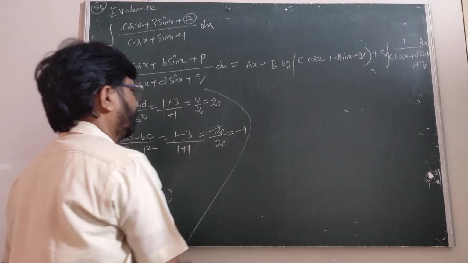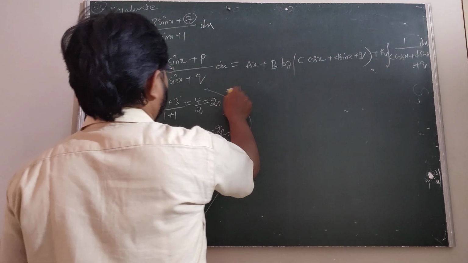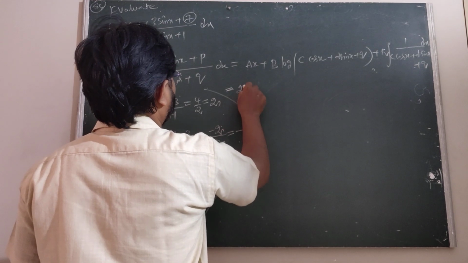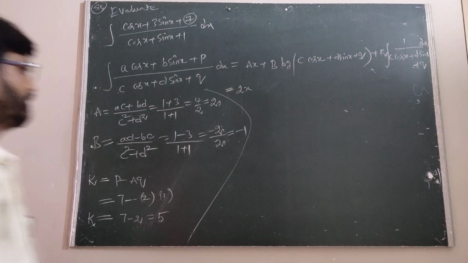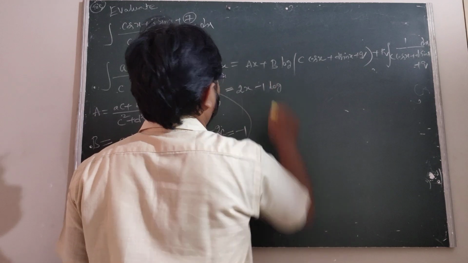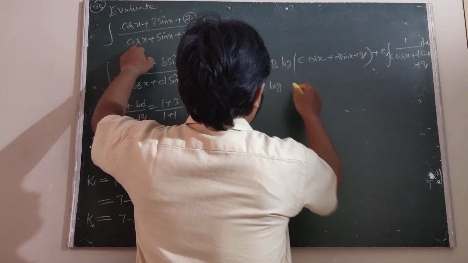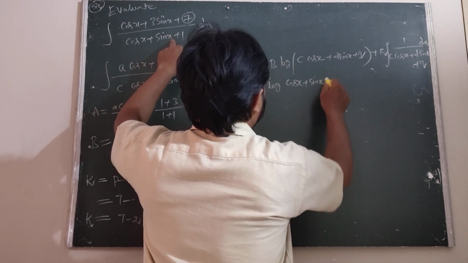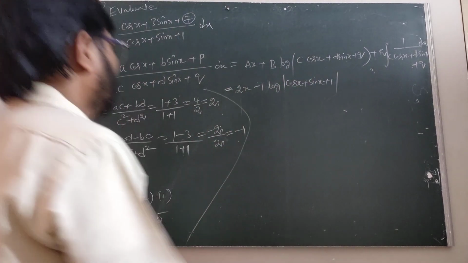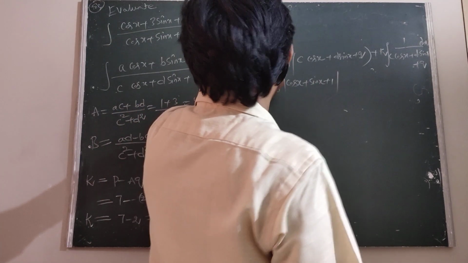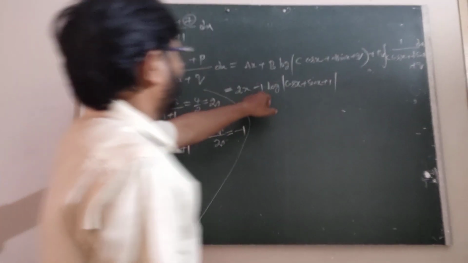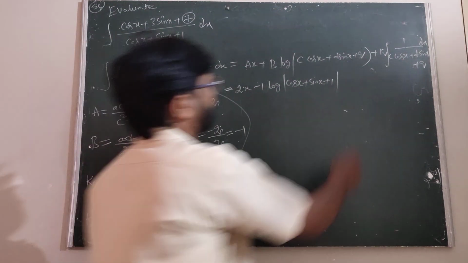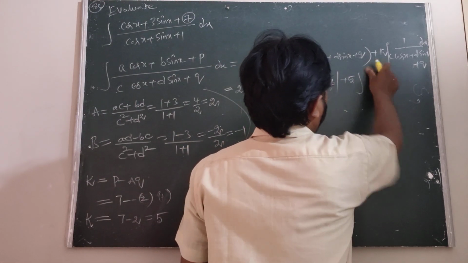Now we write Ax. Ax is 2 into x, 2x. B is minus 1, so minus 1 log mod of the denominator, cos x plus sin x plus 1, plus K. K is 5.